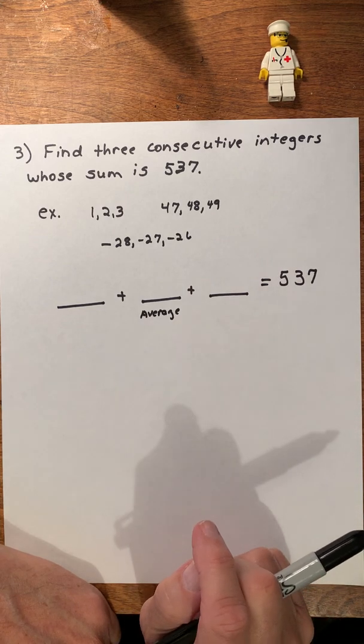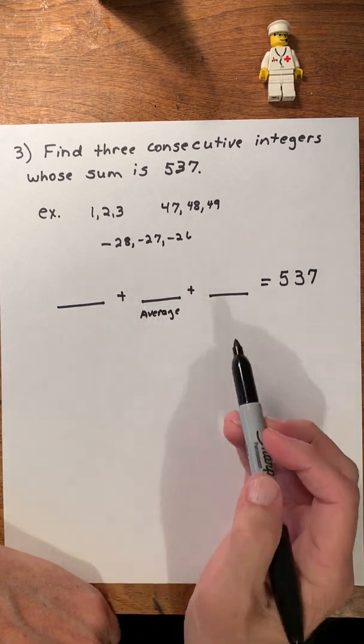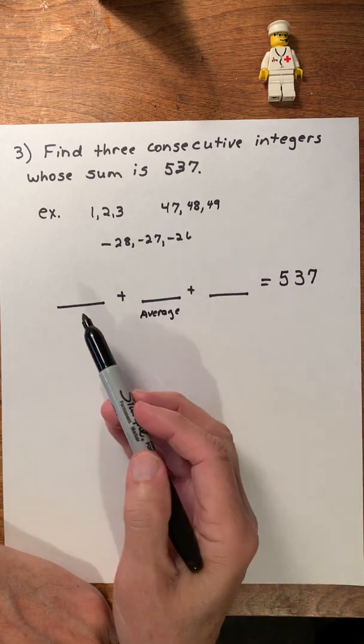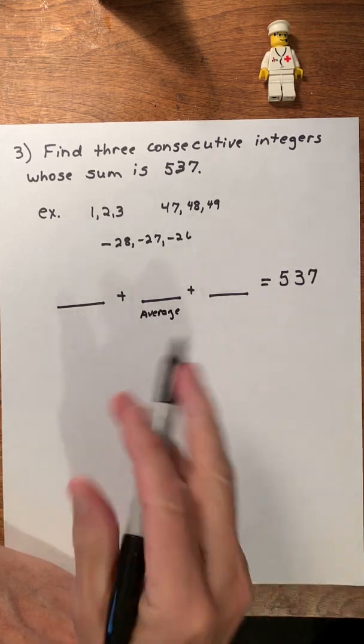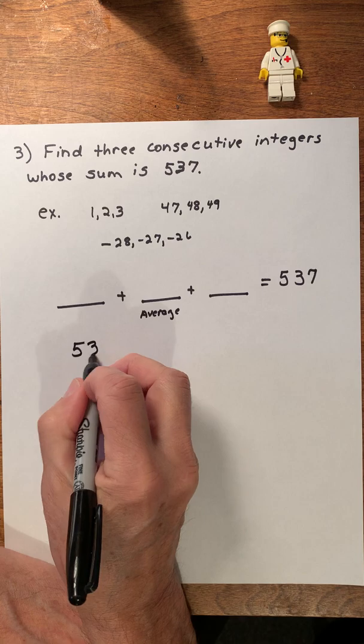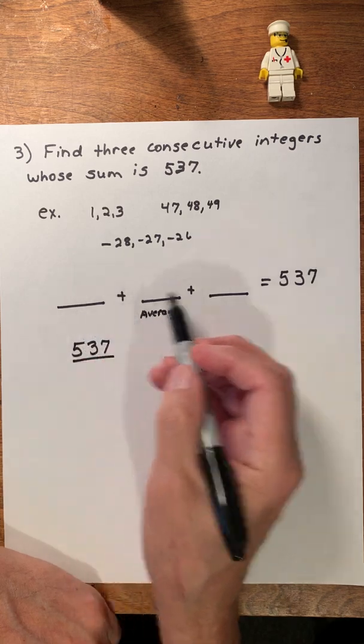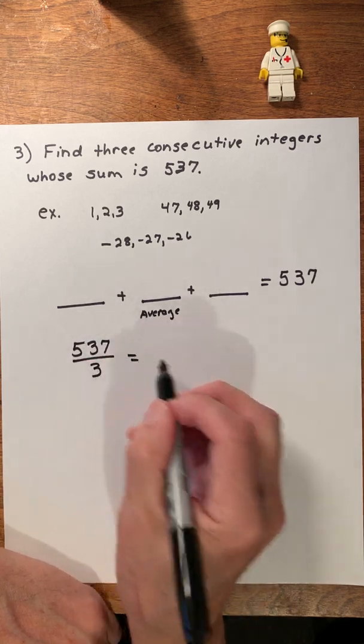So if I could find the average of these three numbers, I could find my middle number. How do you find the average? Well, you add things up and divide by however many you got. So I added these up. There it is. Divide it by however many I got. That's 3.